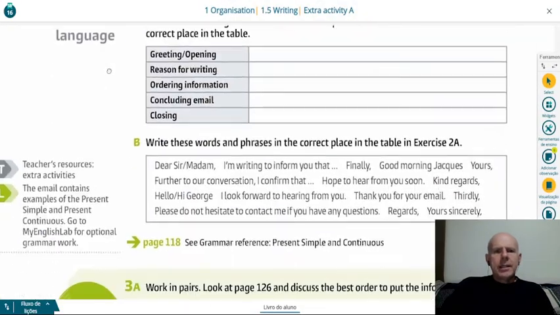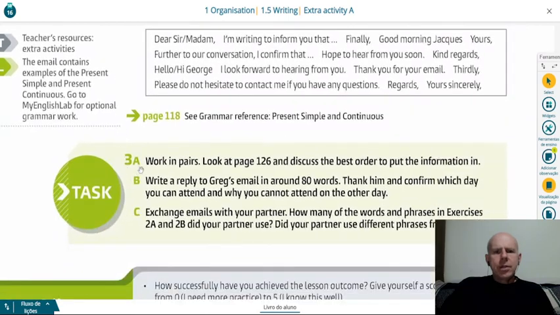Let's go back. We put in the correct order. And what do we have to do? We have to reply to Greg's email in around 80 words. I love writing in Word because I'm writing and I can see the number of words I have written. Thank him and confirm which day you can attend and why you cannot attend on the other day.